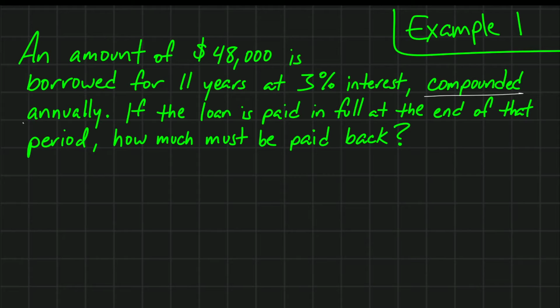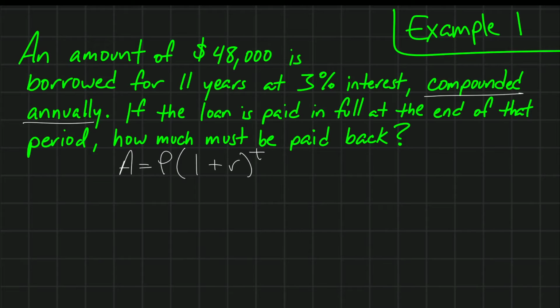Compounded is another way of saying we're going to be growing. So we're going to be adding in our formula. So again, our formula is A equals P(1 plus R) to the T power. All we need to do is substitute in all of the values and then solve it.